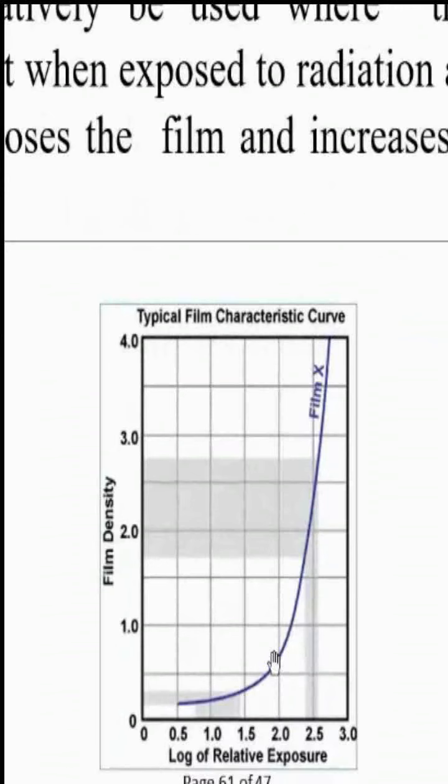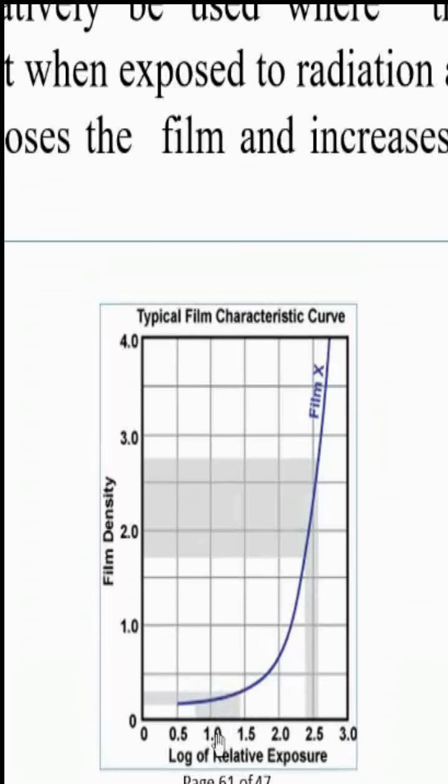Now I hope you are getting the things. Is it visible? Yes. Okay. So try to see this image. It is 0.5, 1, 1.5, 2, 2.5 and 3. This is a log scale. What is the log of 10? We have seen density, no?